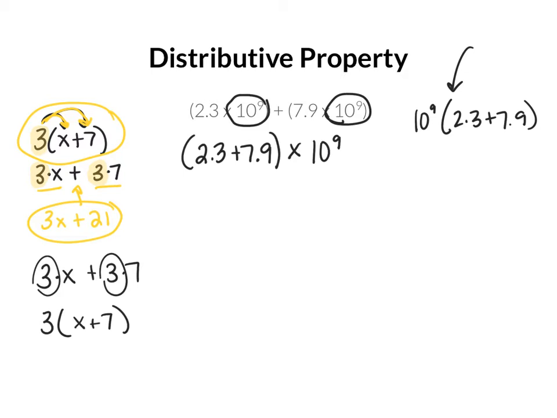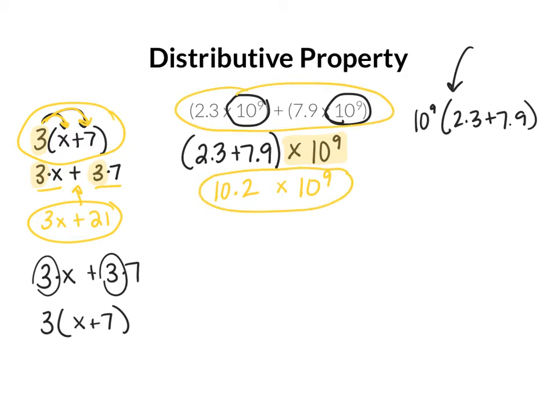But since with scientific notation, we're starting out with the number between 1 and 10 multiplied by the power of 10, I'm pulling the power of 10 to the back of the problem here. Now I can simplify 2 and 3/10 plus 7 and 9/10 to give me 10 and 2/10 multiplied by 10 to the 9th power. So the sum of this brings me to this.